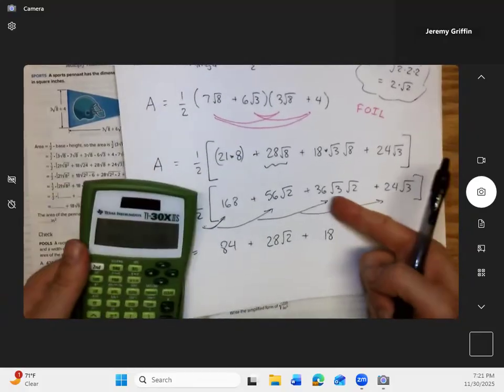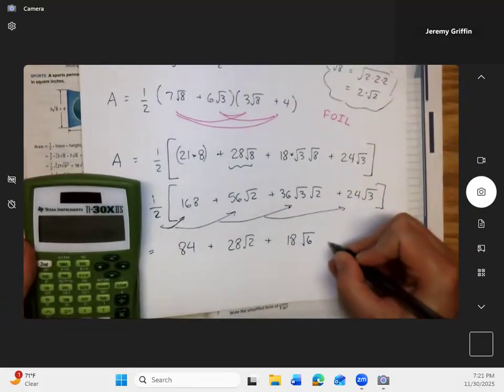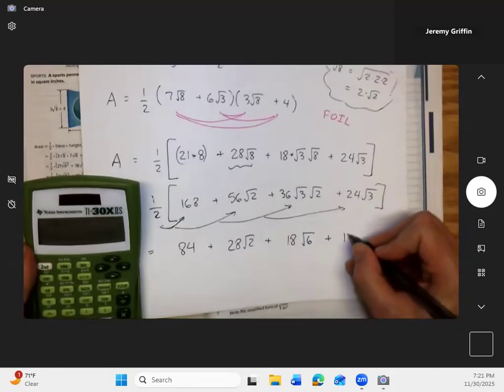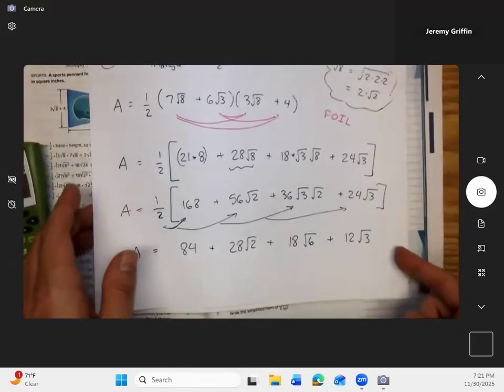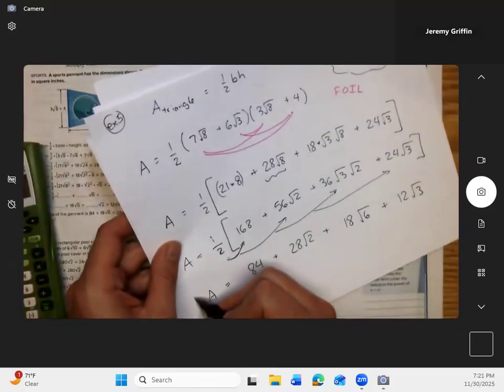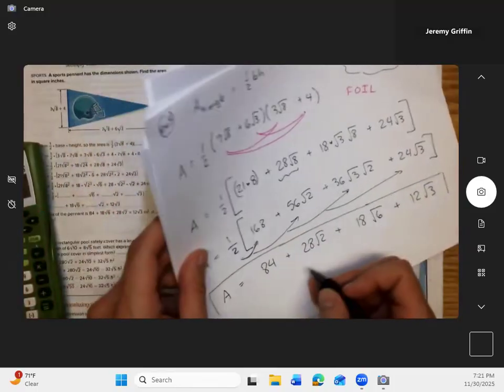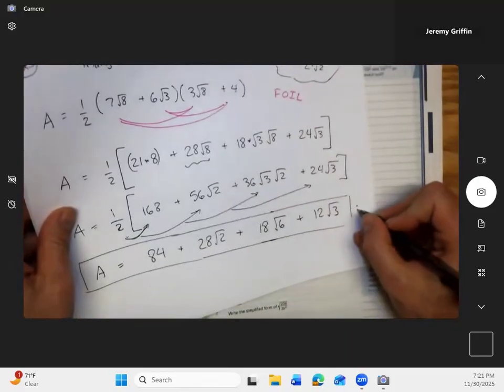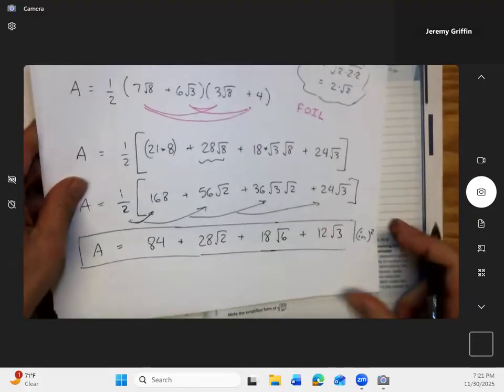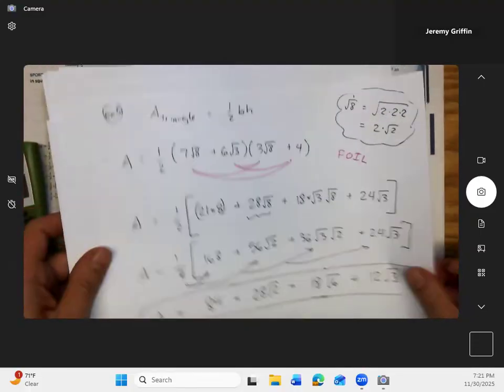Now I may as well just combine this 3 and 2, make the root 6, and then half of 24 is 12 root 3. So I just distributed that half. I think this could be a pretty good answer right here. Now this would be in square inches. There you go. Pretty good.